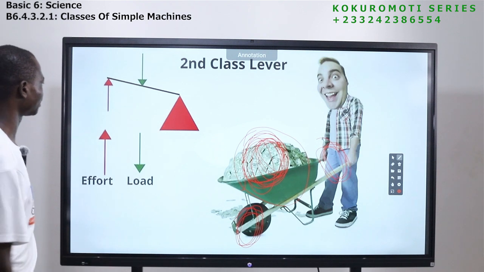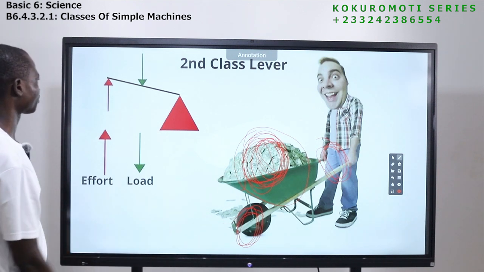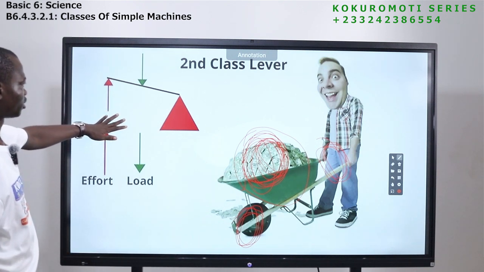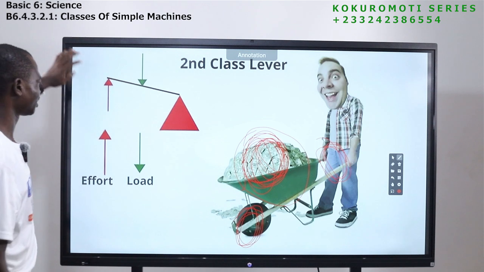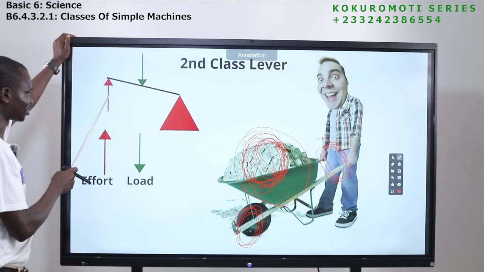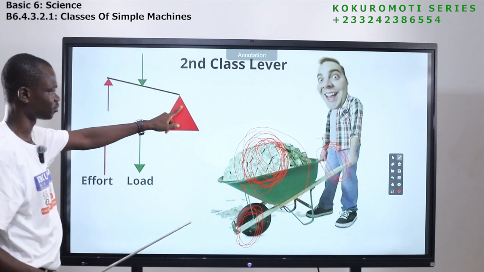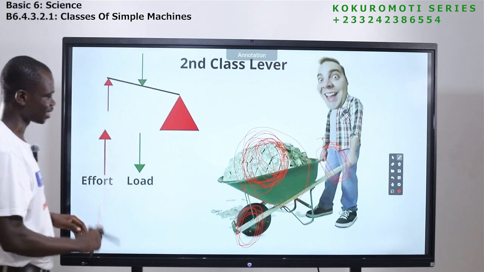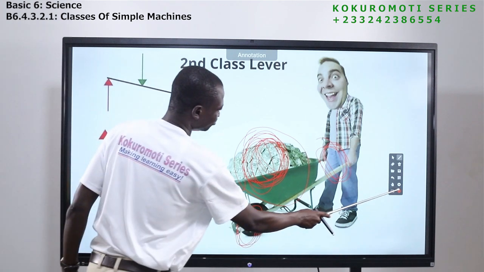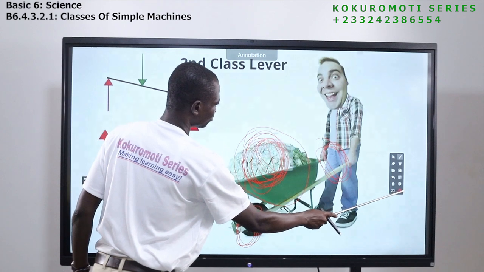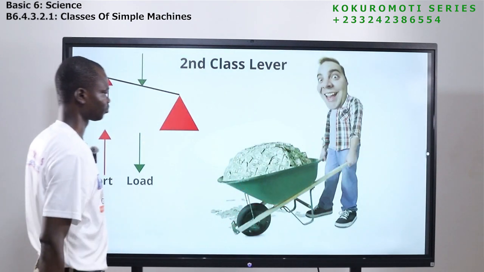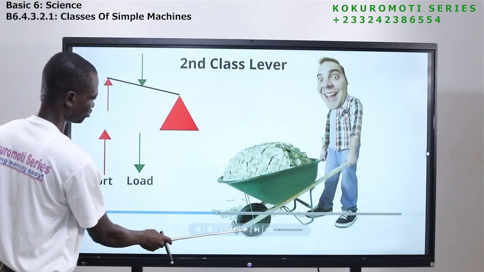So if you look at it, this is represented here. But here is the effort, the part that we hold. The load is here, and then the fulcrum is also here. So that is that. Now let's continue.